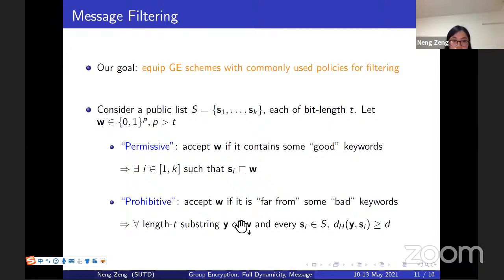And here we want to make sure that even if the adversary changes minor parts, the bad keywords are still recognizable. And how do we model this? So we will make sure the distance between the bad keywords and the message is at least D. So in formal words, for every length T substring Y of the message and every keyword Si, their Hamming distance is at least D.